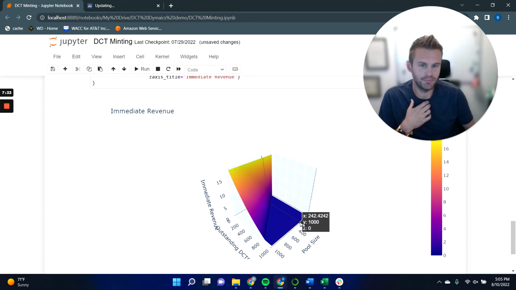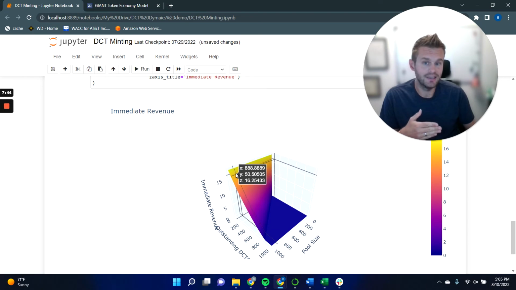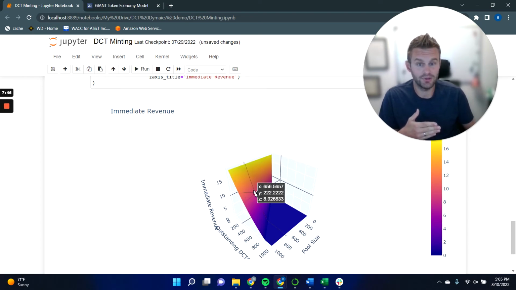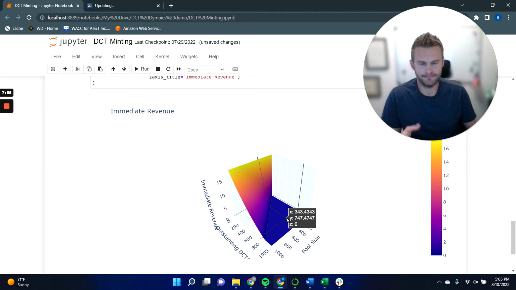When the pool size is small compared to the outstanding DCTs, we get no immediate revenue. But as soon as the pool size is relatively large compared to the DCTs, the provider can get much more of that revenue much sooner, while still guaranteeing that the customer can get a refund. So this is really providing liquidity support to those providers.